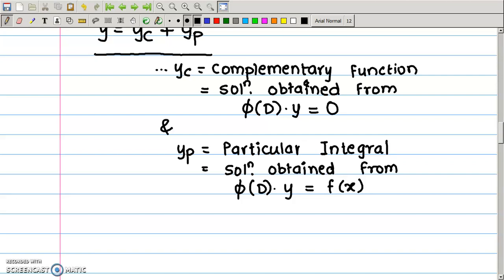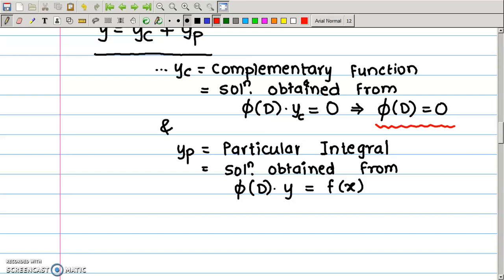So for our understanding, yc or the complementary function can be obtained from this equation. Since the product of two entities is equal to 0 and since y is our required solution, we can consider this phi of D equal to 0. So we can generalize that the complementary function can be identified from the auxiliary equation.